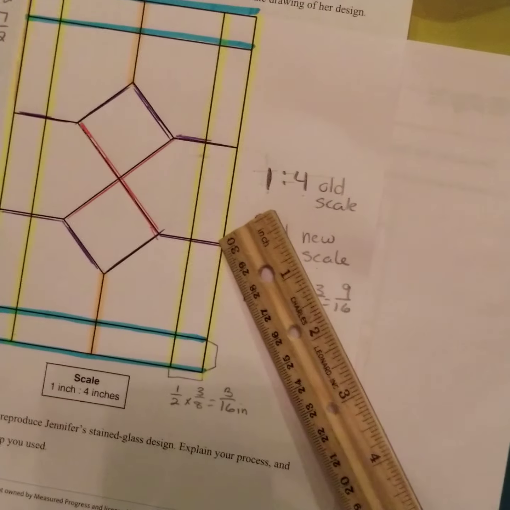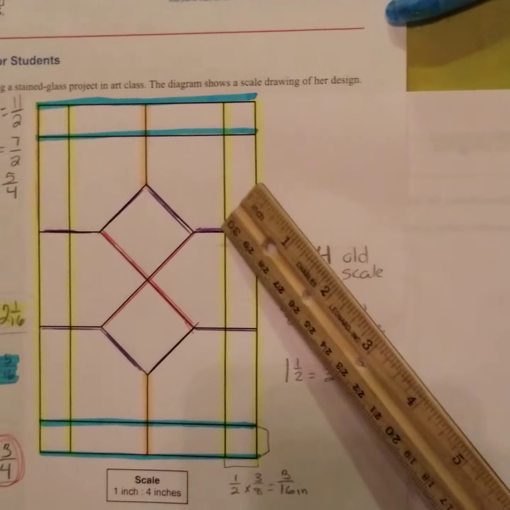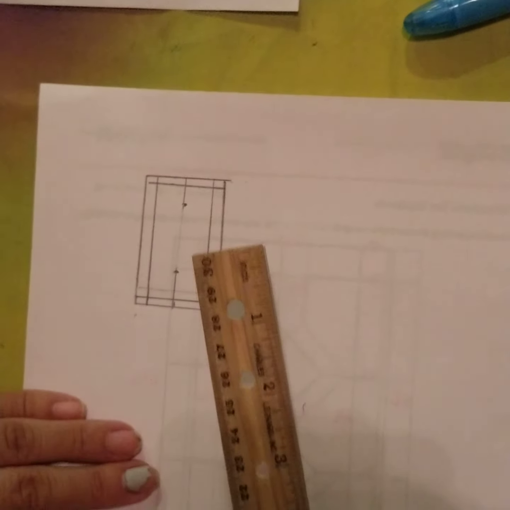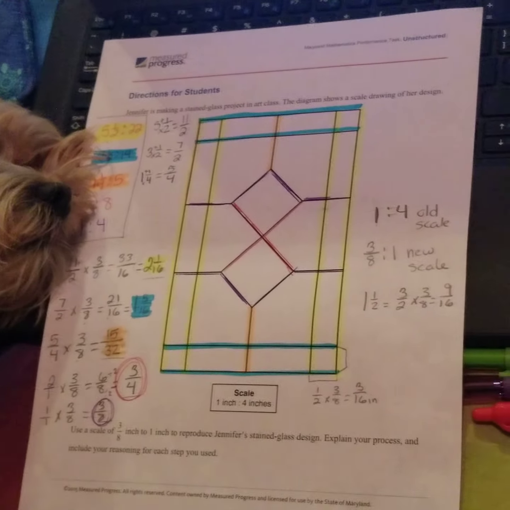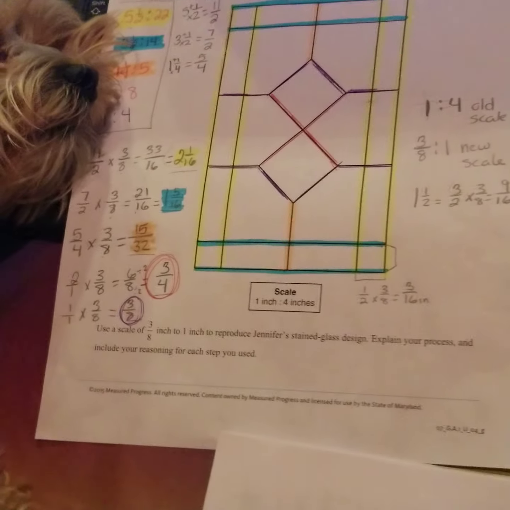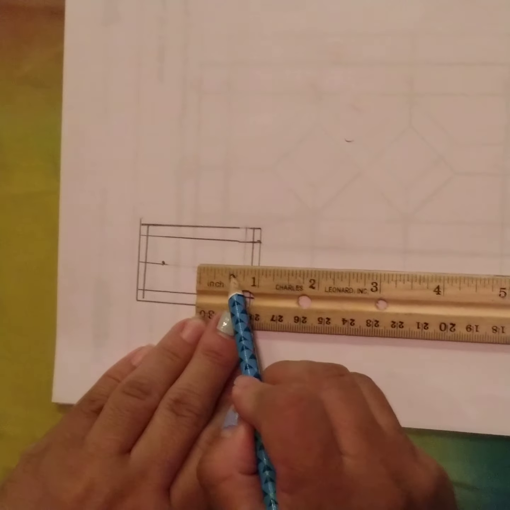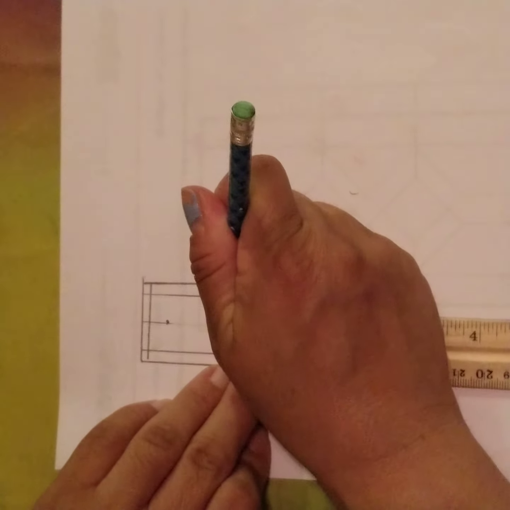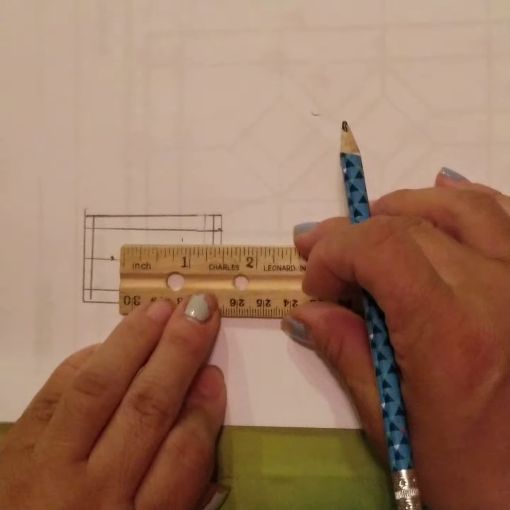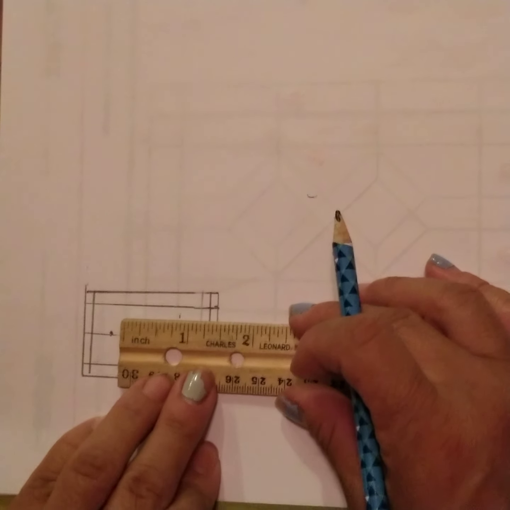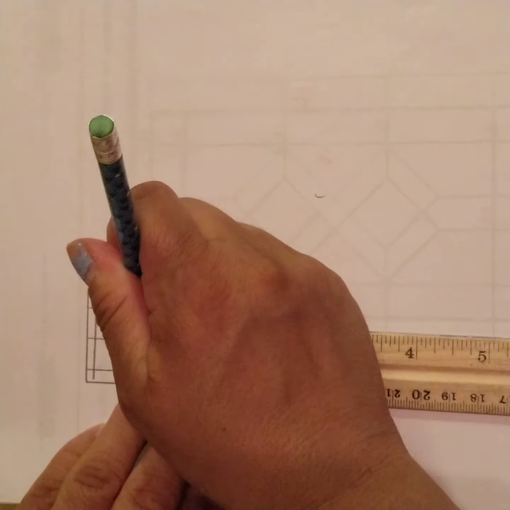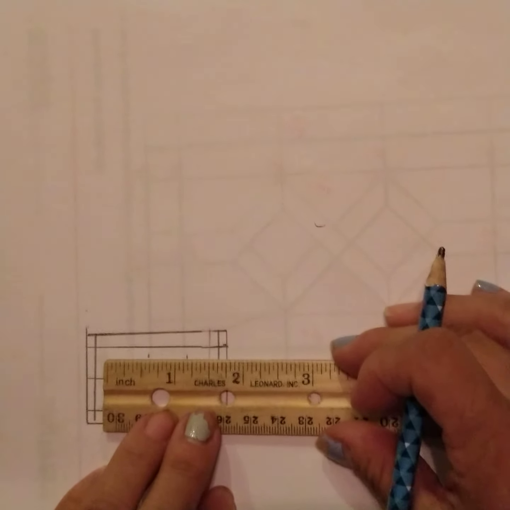So this is 9/16, this is 9/16, and this is 9/16. So let's do it. So we got 8/16 would be half, so 1 extra. Right there. Then from there, we do it again. And one more time.